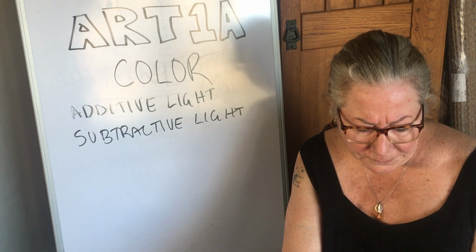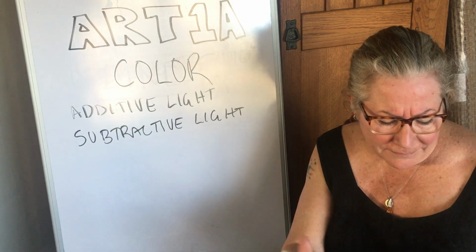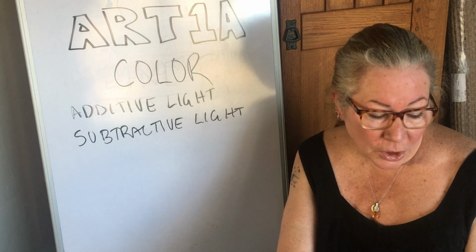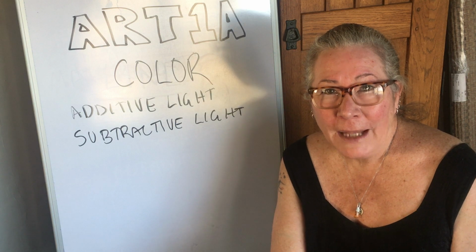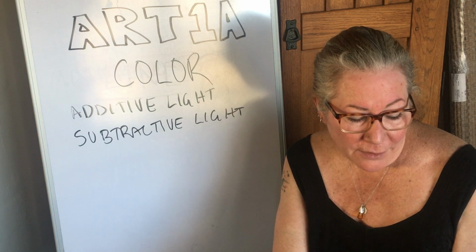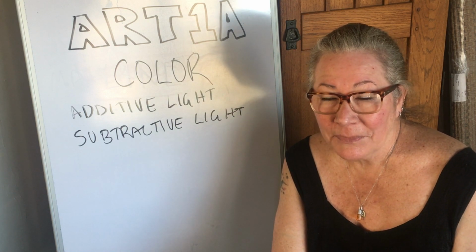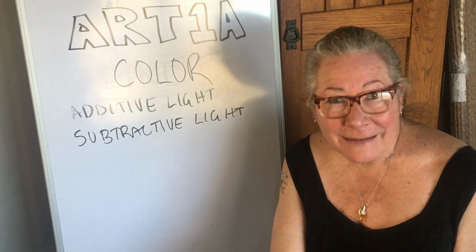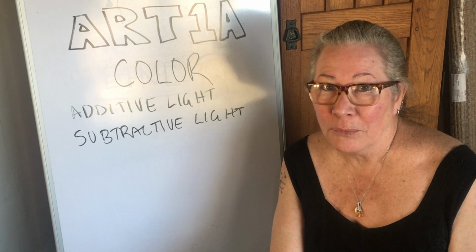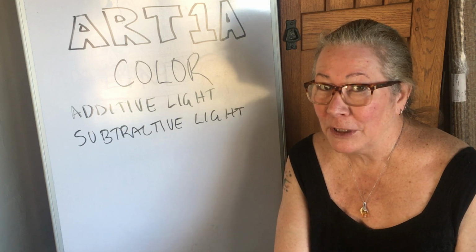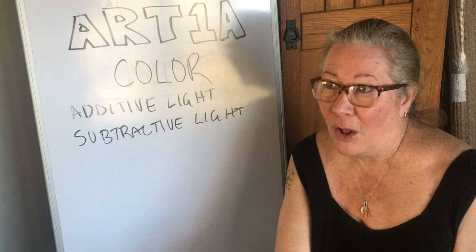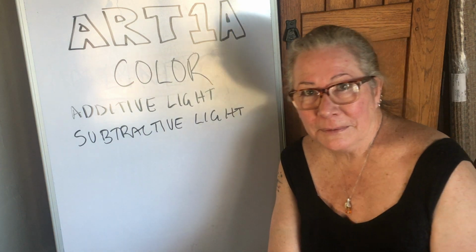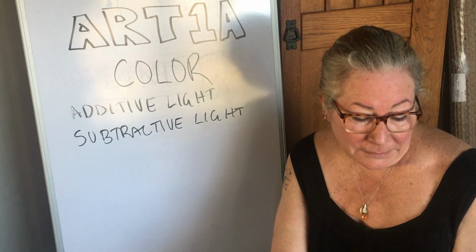Subtractive light basically is because paint pigments derive their color from reflecting a particular bandwidth of natural light. So this is a little bit of science, but it's kind of important to know. Remember, arts and science actually go together because they all inform each other's meaning.